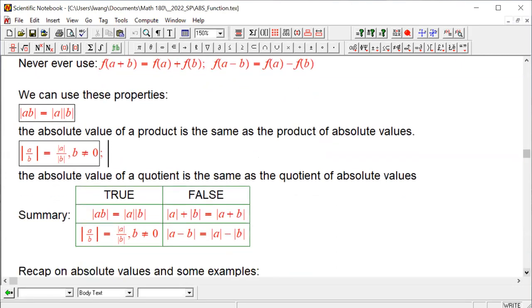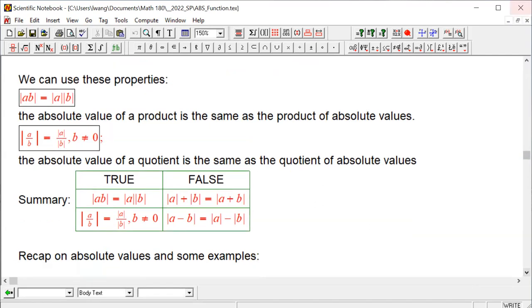Summarizing about the absolute value operation: these are good. You can use these all day long, but not these. Don't you ever do it.